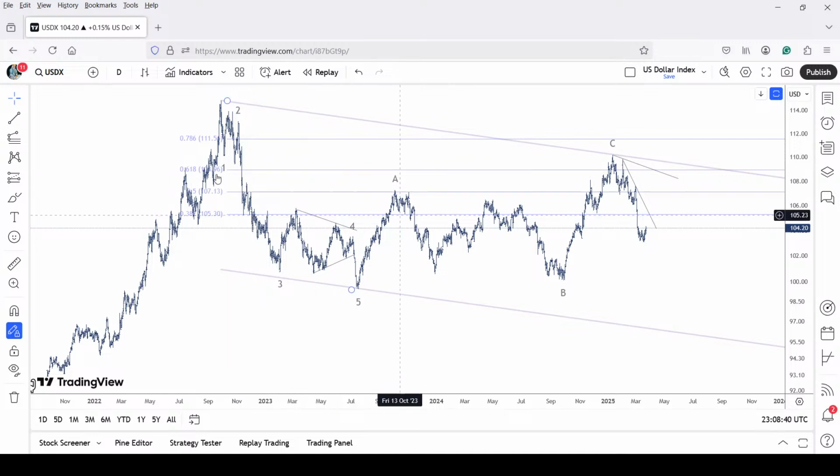All right, so this entire wave structure could also be a larger degree corrective drop, where we have five waves lower, which could be a capital A, an intermediate wave, and then we've got a capital B, which is an ABC here.